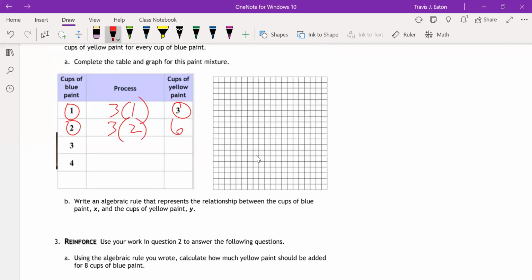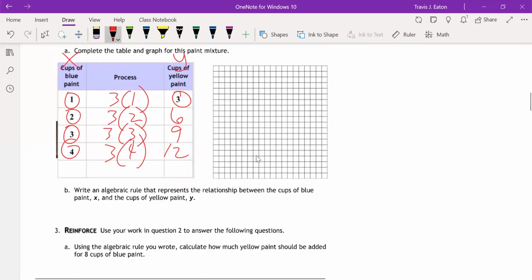Remember, that's our x and our y, our input and our output. For 3 cups of blue paint, we multiply 3 by the 3 cups of blue paint, and that makes 9 cups of yellow paint. For 4 cups of blue paint, we multiply 3 times those 4 cups, and 3 times 4 is 12.